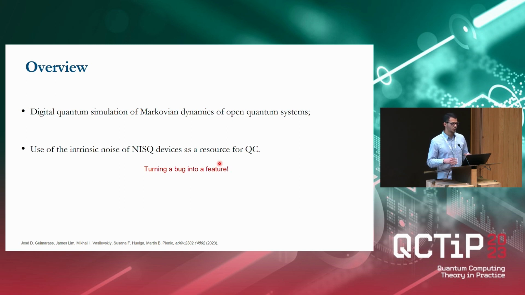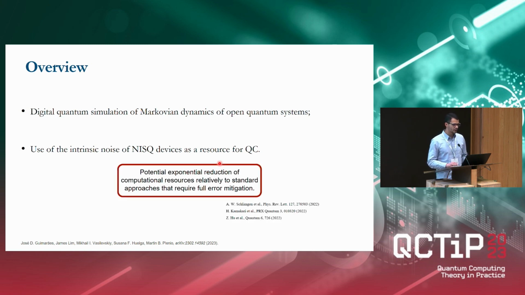We use the noise of the NISQ device to emulate the actual noise of the open system we want to simulate. We do this by using a set of noise characterization techniques and error mitigation techniques. And we find that we can have a potential exponential reduction of computational resources relative to these standard approaches that require full error mitigation. These are some of the references that have been proposed.